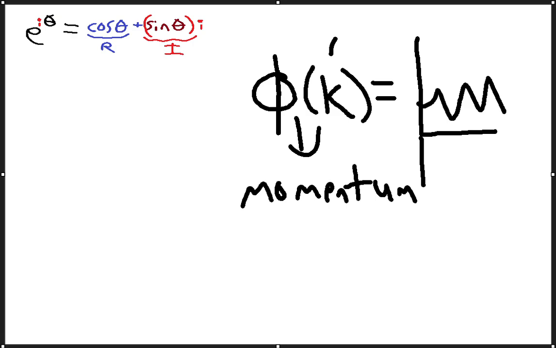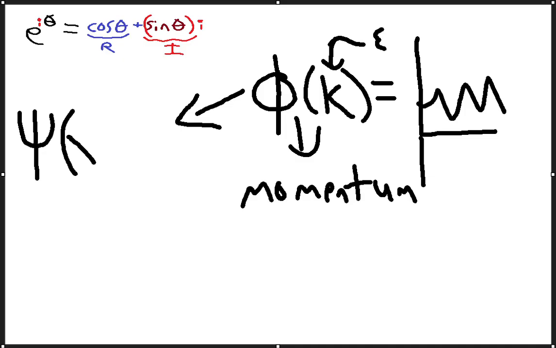And for reference, this k variable basically has to do with how much energy is in the system. Don't worry about this too much. This is just the momentum wave function. And let's say that we want to turn our momentum wave function into a full, complete wave function with space and time included. We have to include space, we have to include time.